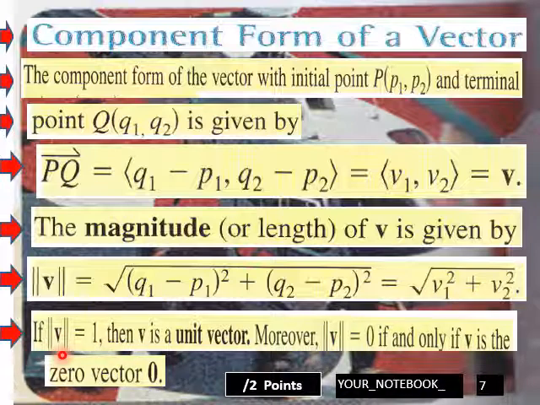So if the magnitude of v equals 1, then v is a unit vector. Moreover, the magnitude of v equals 0 if and only if v is the 0 vector.